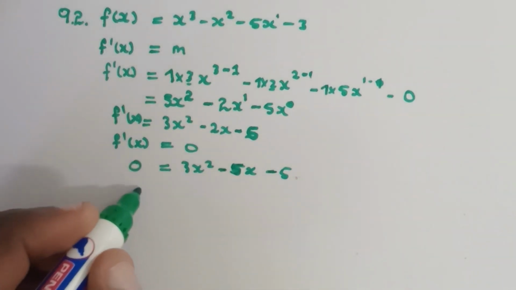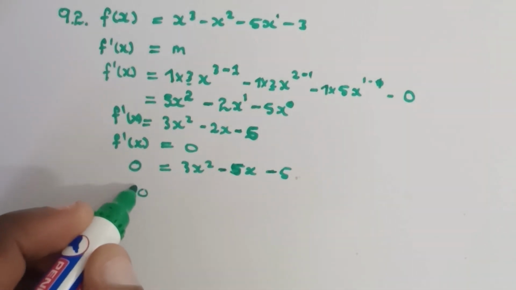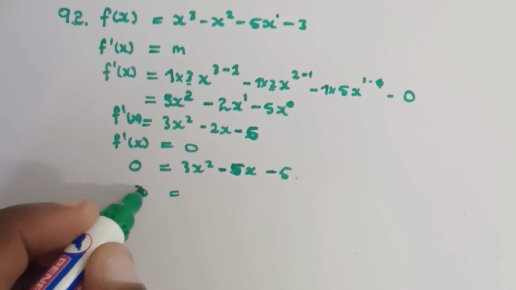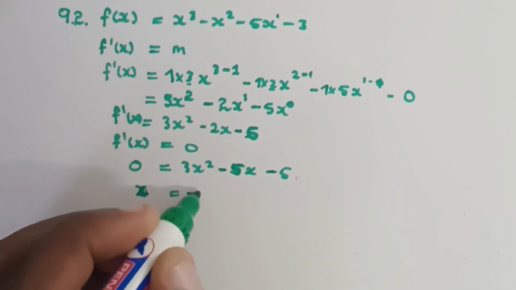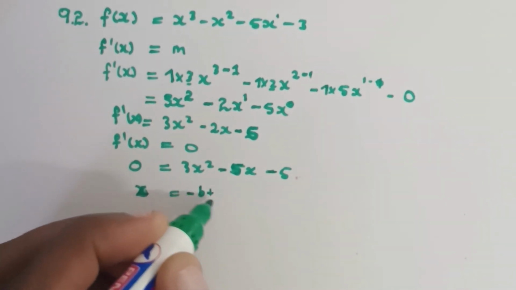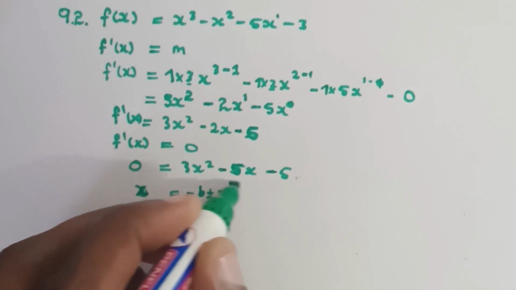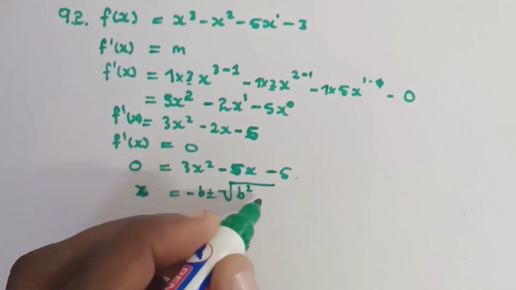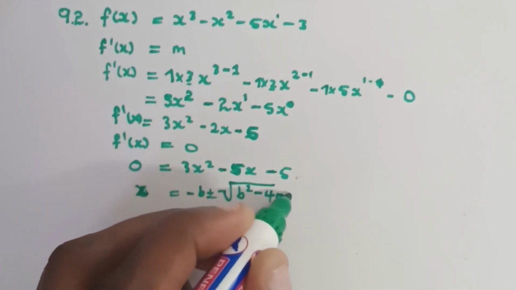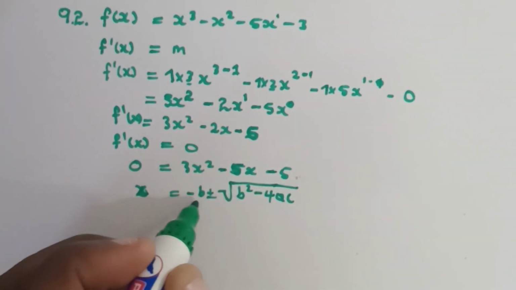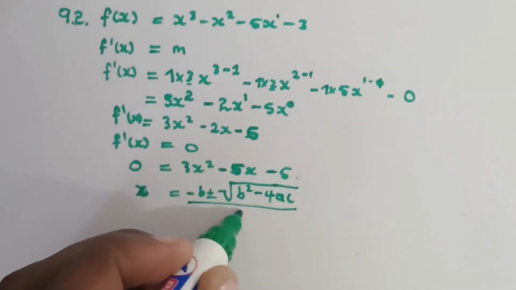So x is equal to negative b plus or minus the root of b squared minus 4ac, and then all over 2a.